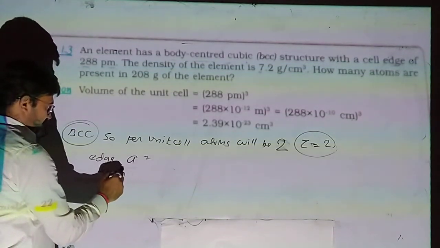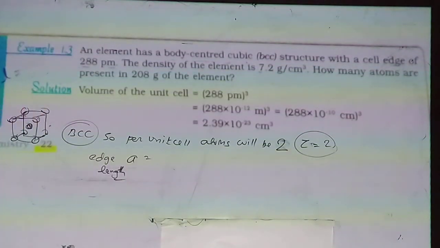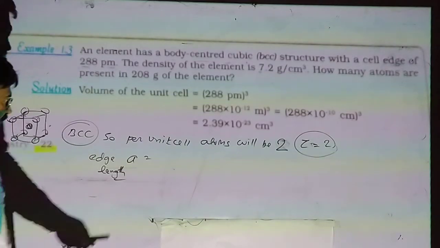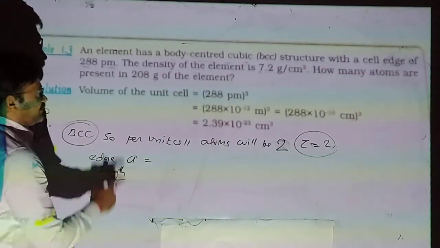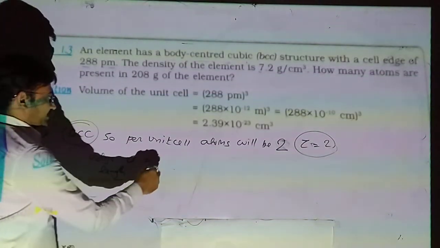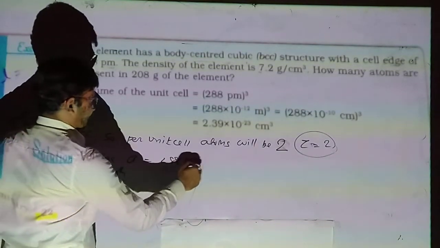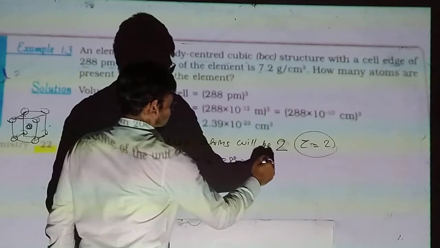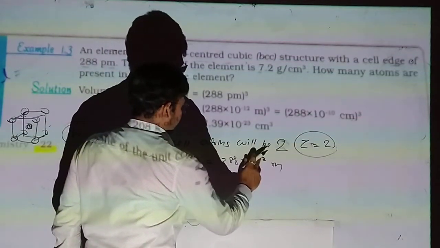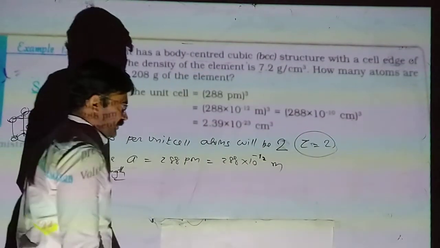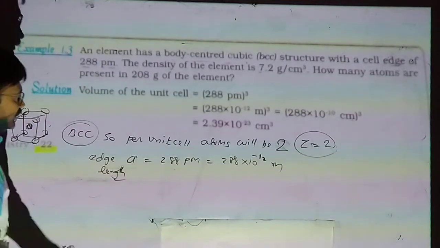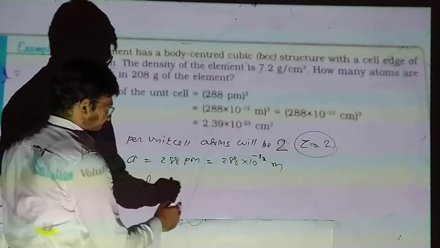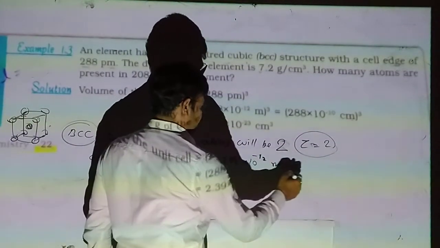For numericals, we have to collect data from the question. So we are here collecting some data. 288 picometer, now store it in your mind. This one is in picometer, so we are converting into meter. So 10 raised to minus 12. Here density, this one is in MKS.